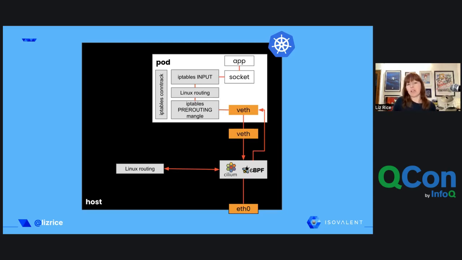And using an eBPF-enabled networking interface for Kubernetes like Cilium, we can enable this kind of network stack shortcutting because we're aware of Kubernetes identities. So we know what IP addresses are associated with which pods, but also which pods are associated with which services, with namespaces, and so on and so forth.